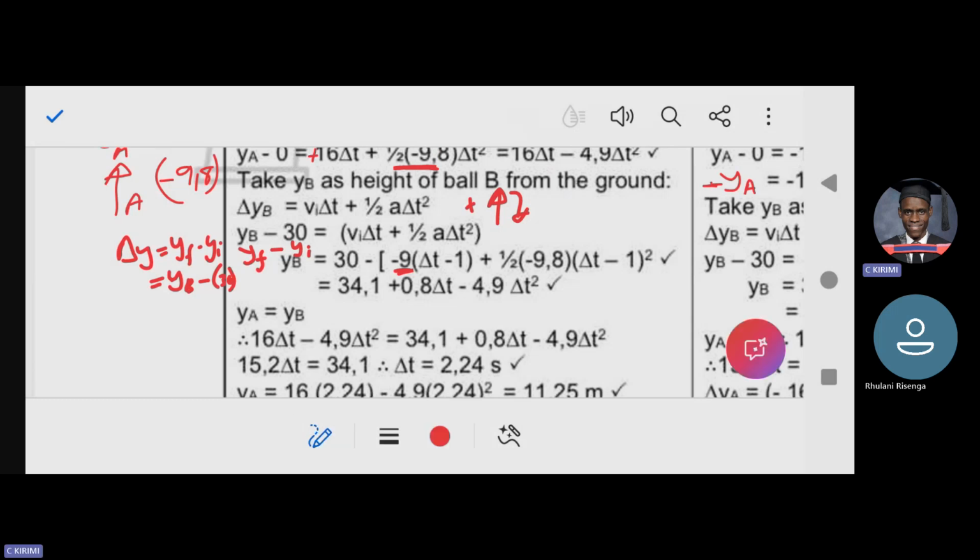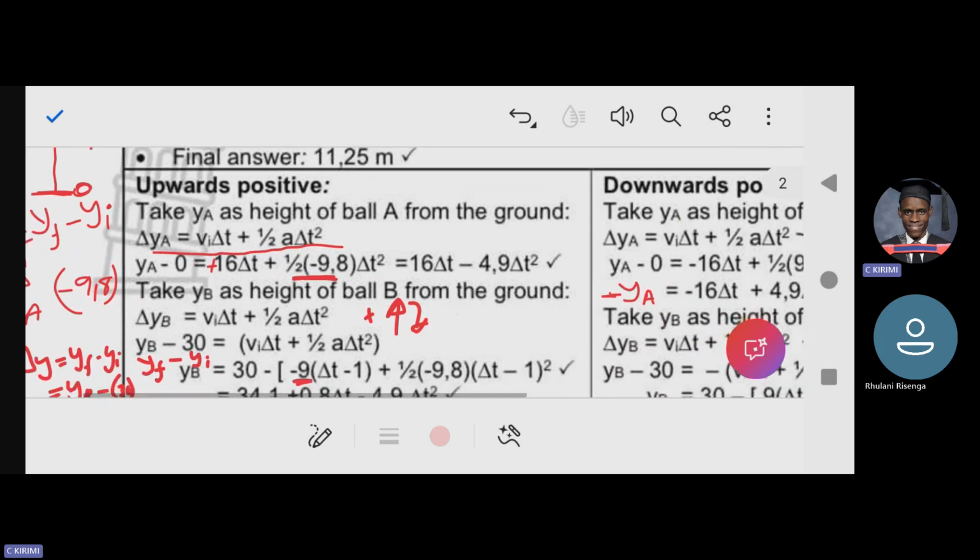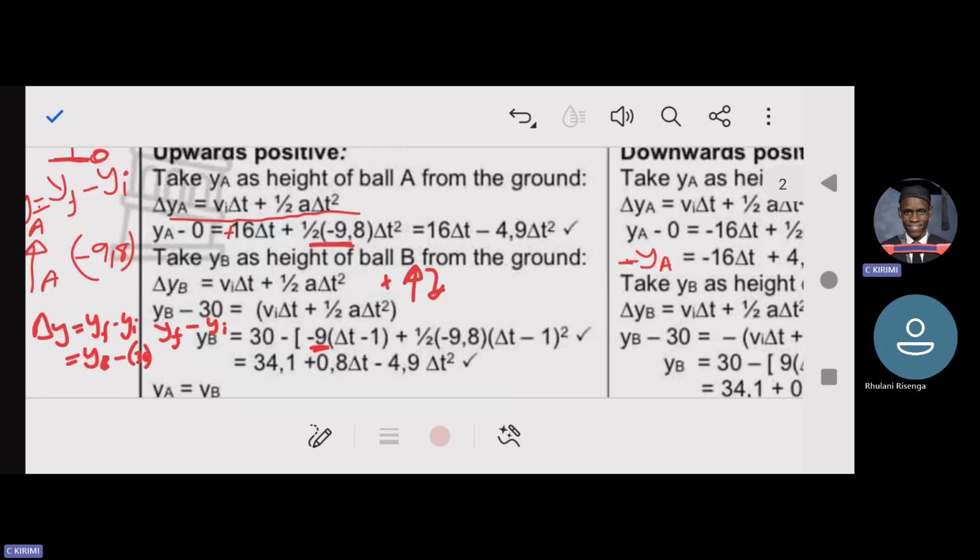Whenever you take upwards as positive, the acceleration is negative, because in all these calculations we are taking up as positive. So the acceleration here was 9.8, and also here it will be 9.8, because we are not taking down as positive.